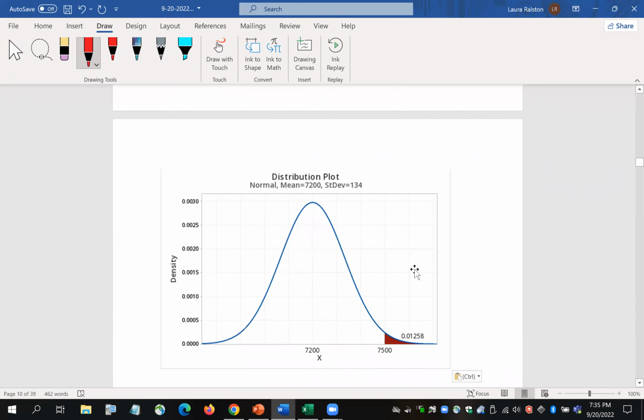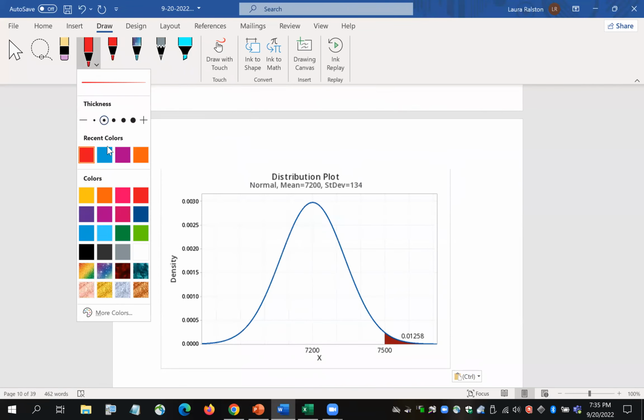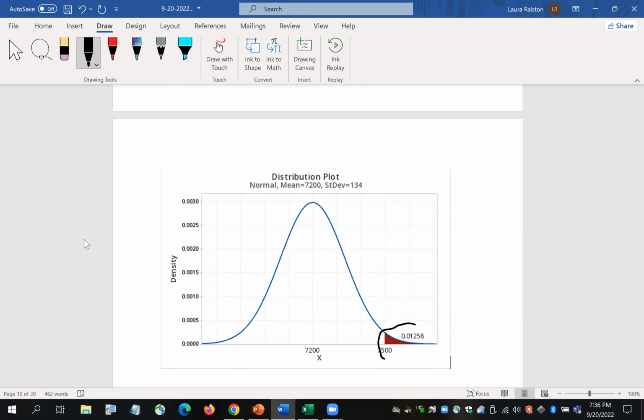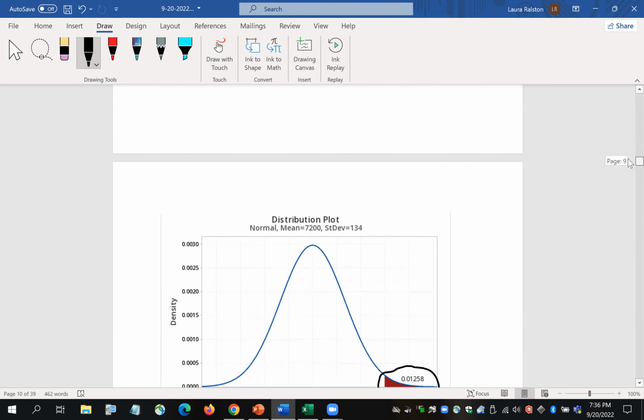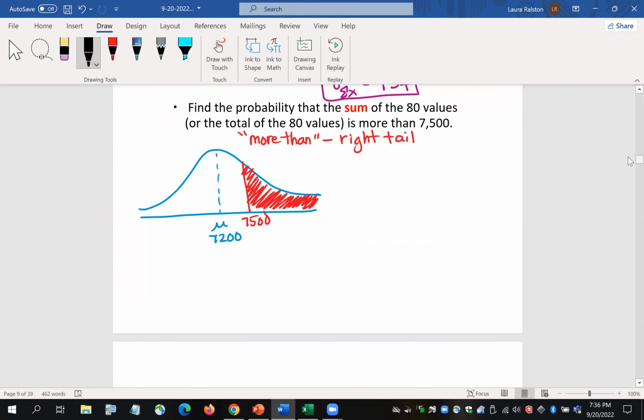And there's our graph. Now again, you may have a hard time seeing it, but it is out here on the end. A little bit of shaded red region right here is 0.01258.